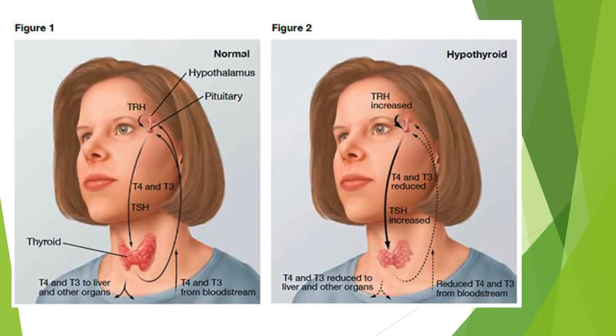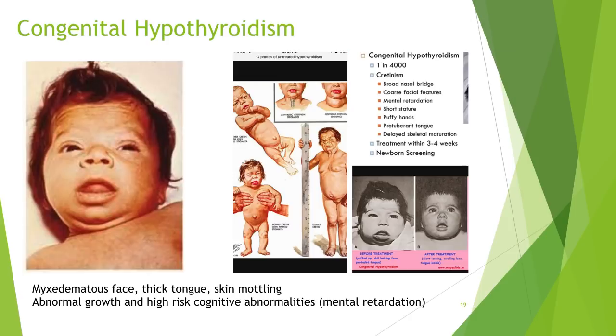Then those hormones are sent throughout the body, and you can see how the loop continues. In the patient with hypothyroidism, there's either not enough T4 or T3 within the system, or the hypothalamus is not recognizing that those levels are there. And then your TSH production is increased in the effort to try to produce more T4 and T3.